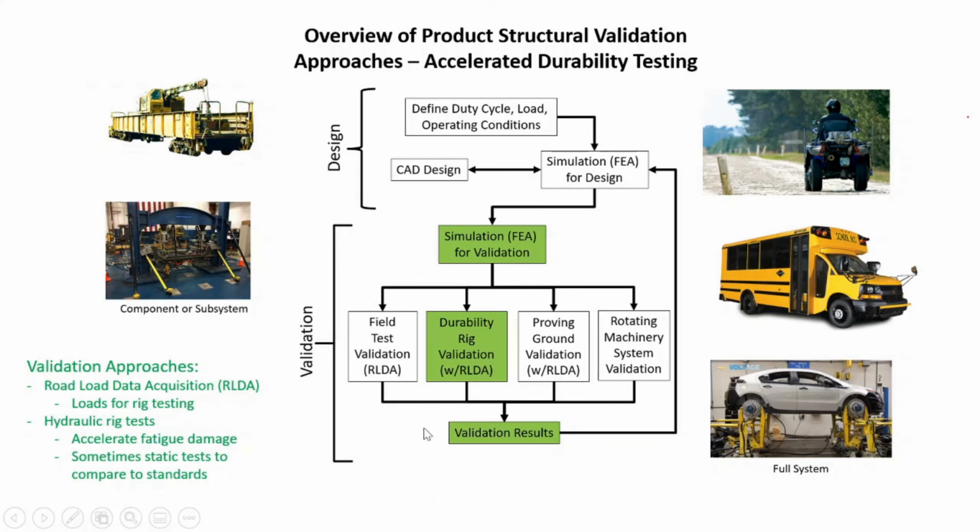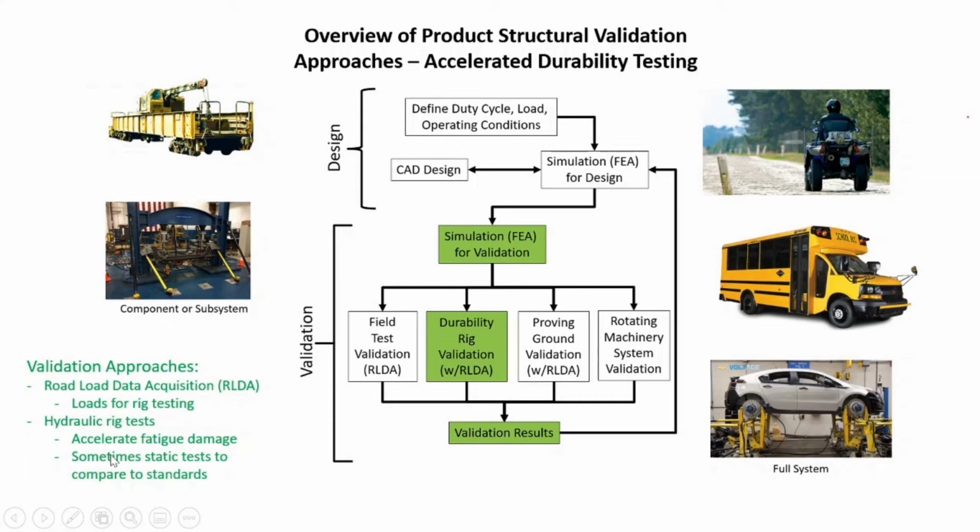Another validation approach involves durability rig testing, where the structure may be a component or subsystem, or perhaps the entire full system structure, is evaluated on a rig, usually powered by hydraulic actuators. Now, the loadings for these rig tests are often determined from a road load data acquisition type of test, where out on the road we may actually measure loads or other types of responses that will help us develop the drive files for the full system or component test.